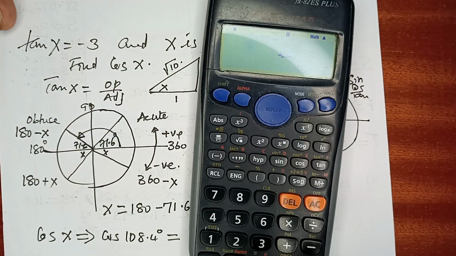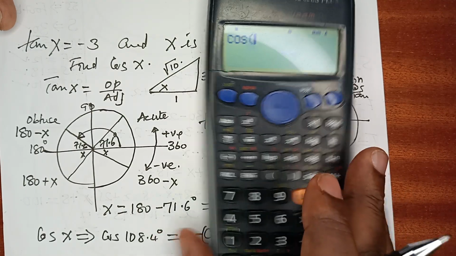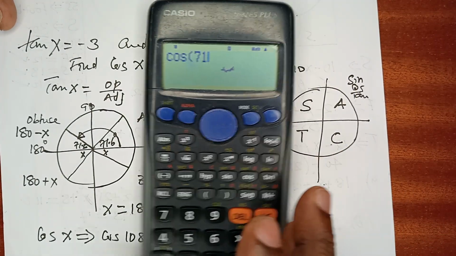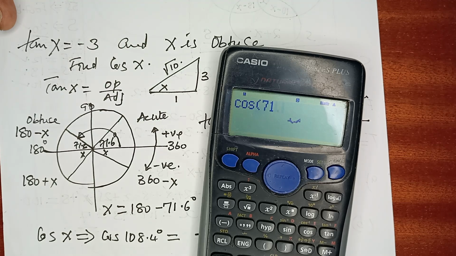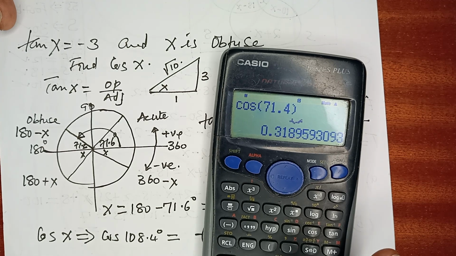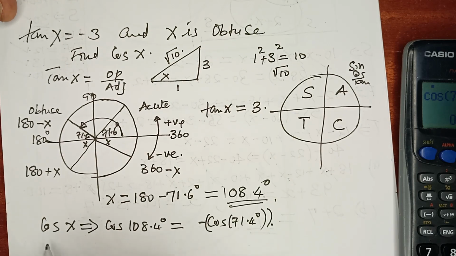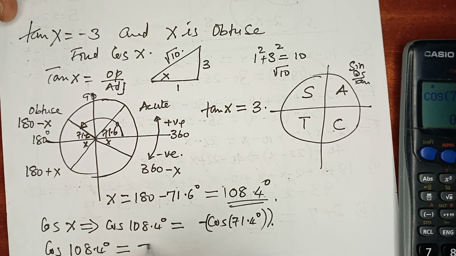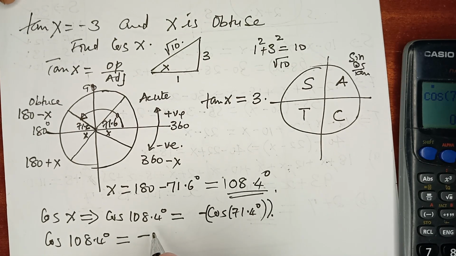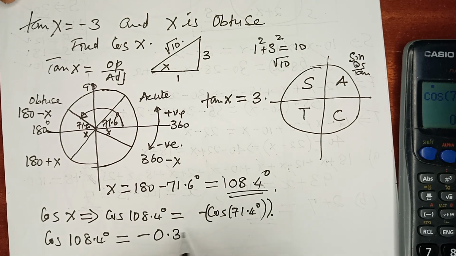So we say, what is the cosine of 71.6 degrees? It is 0.318, which has to be now the cosine of 108.4 degrees, negative 0.319.